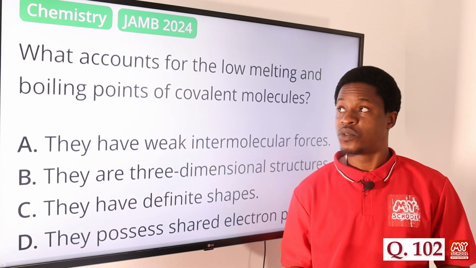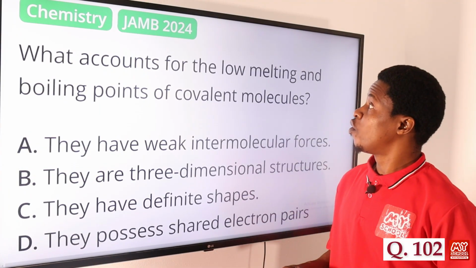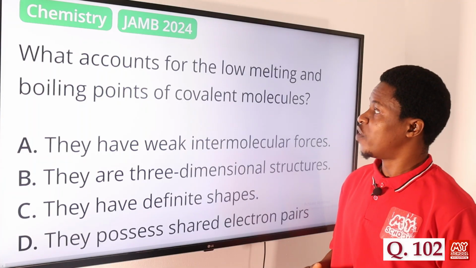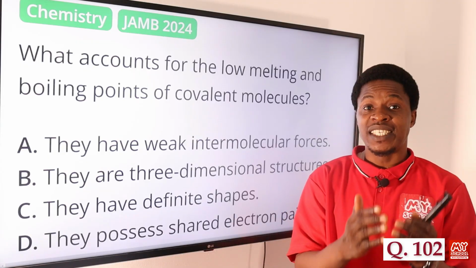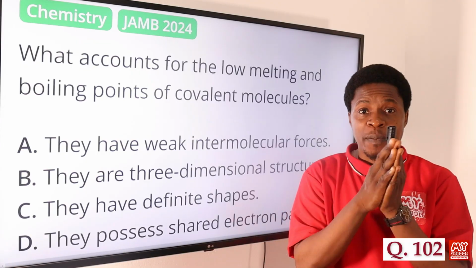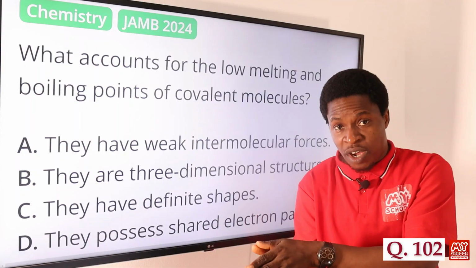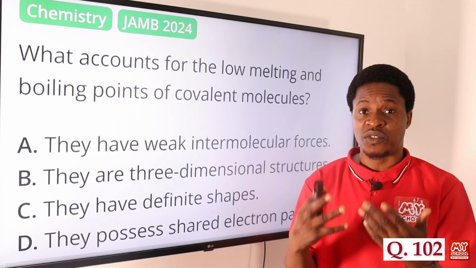Question 102. What accounts for the low melting and boiling points of covalent molecules? Usually we know that covalent molecules are molecules that are formed when atoms of a particular element or another element share electrons together.